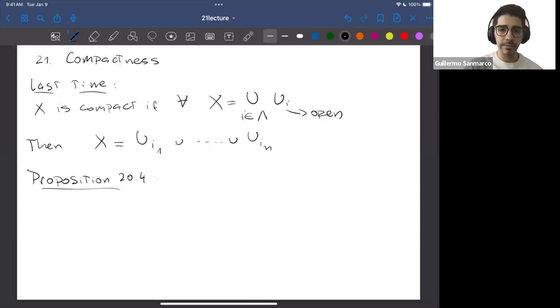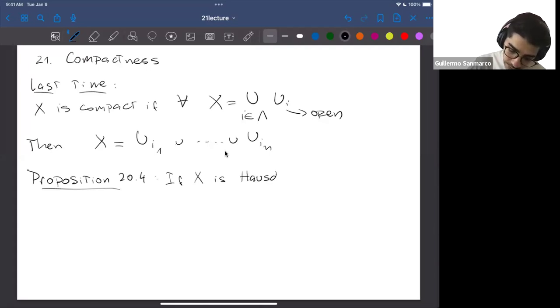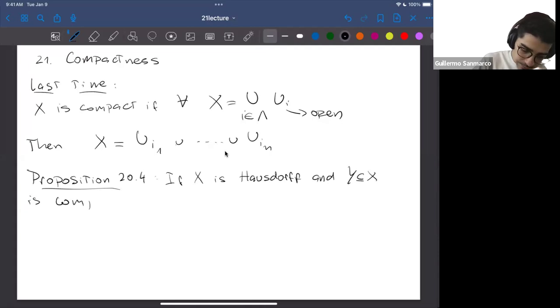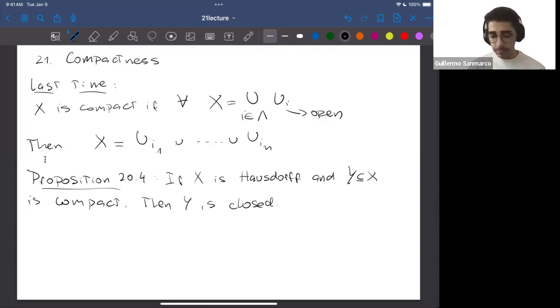And the statement is: if X is Hausdorff, and you take a compact subspace Y, then this subspace needs to be closed. Okay, any questions before we start proving this proposition?